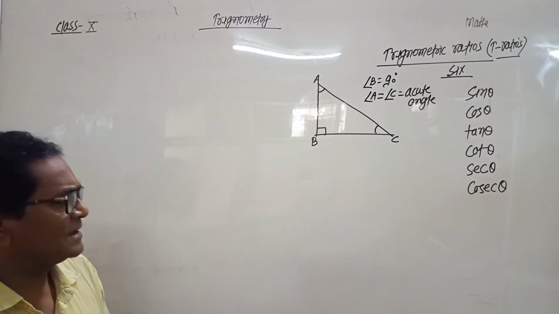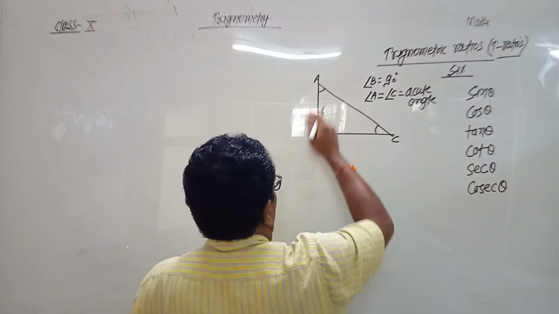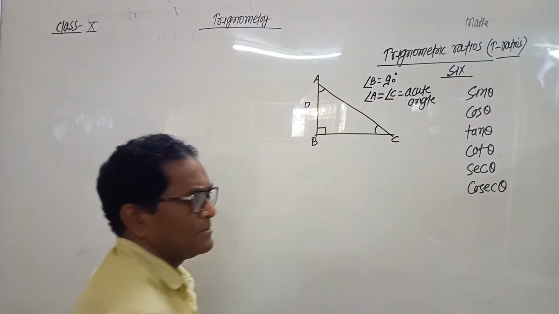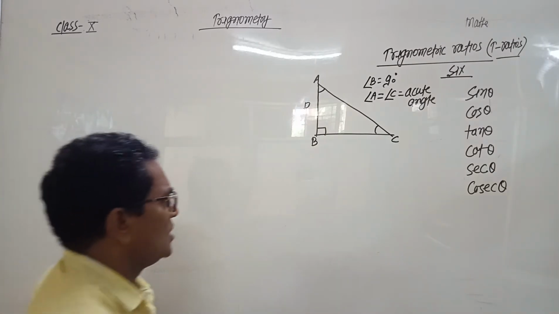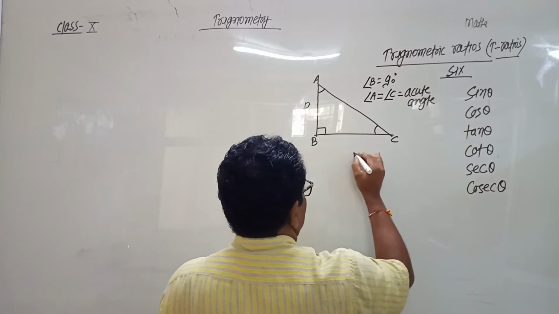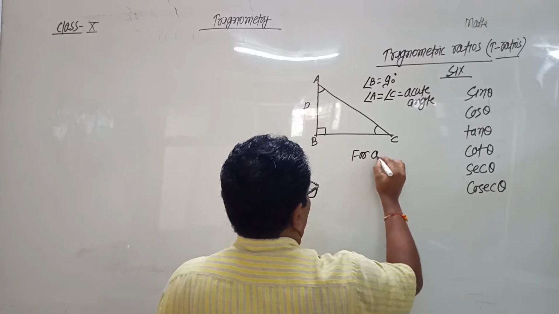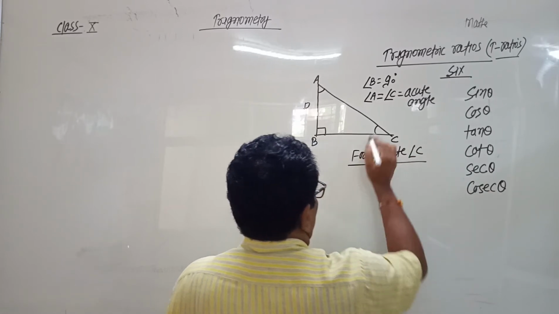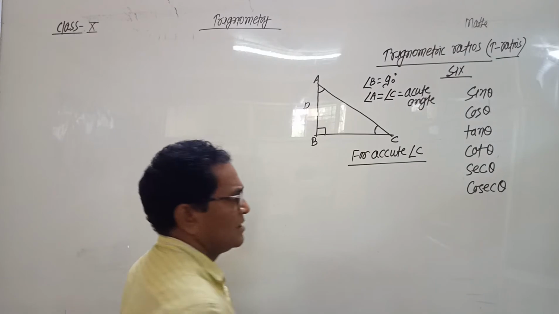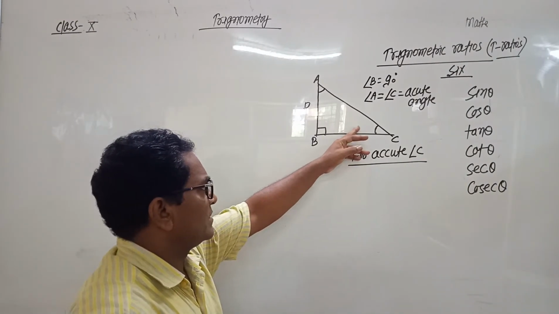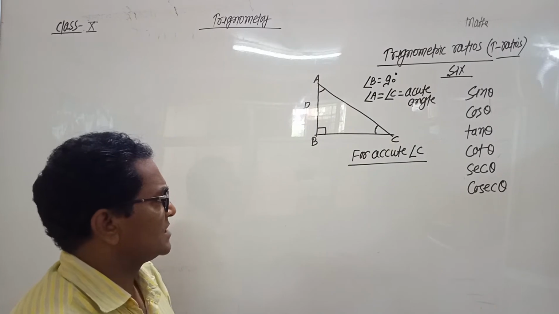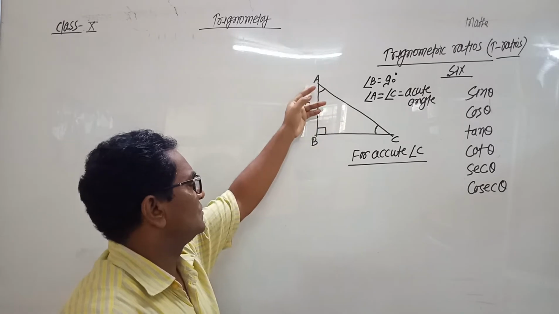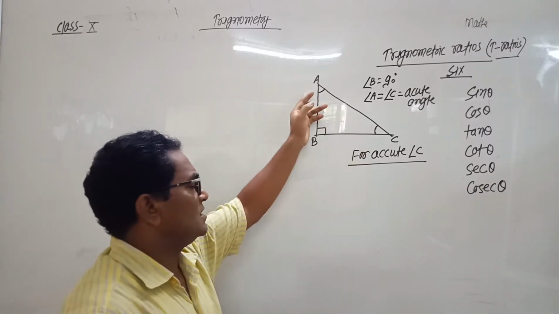So for acute angle C, AB is called perpendicular. Perpendicular is represented by P. The side just in front of the acute angle is called perpendicular.